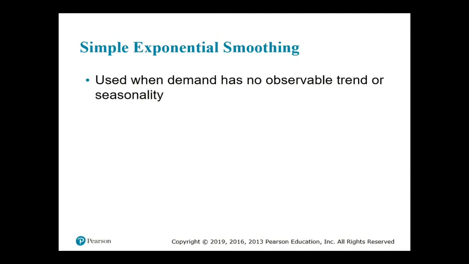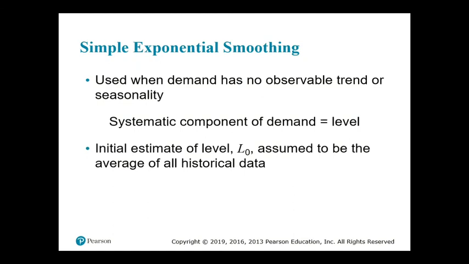So the second method is a similar approach called exponential smoothing. And again, exponential smoothing is also applied to data with no discernible trend or seasonality, and only level. The difference between moving average and exponential smoothing is that moving average doesn't account for very old data.